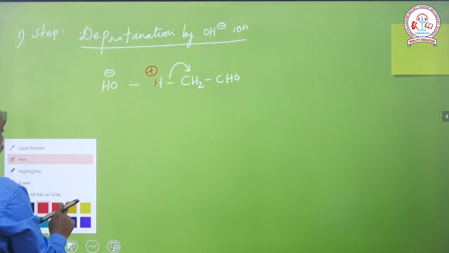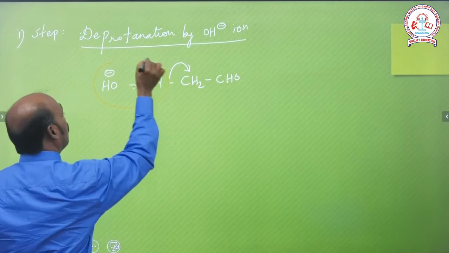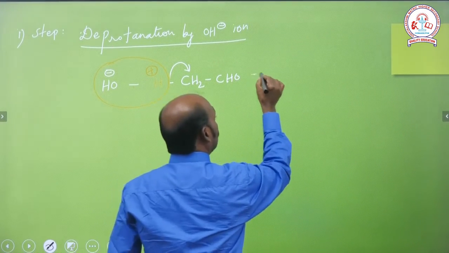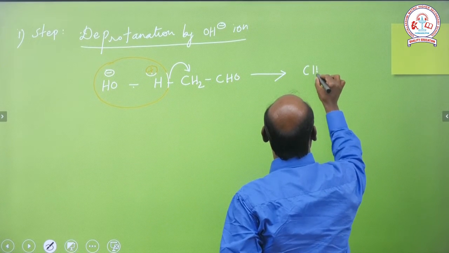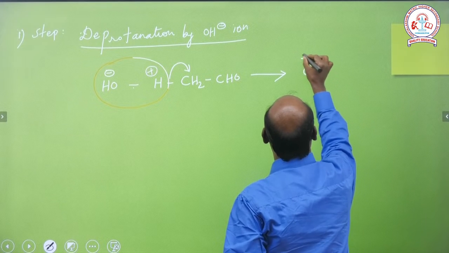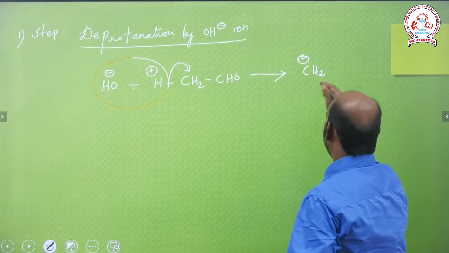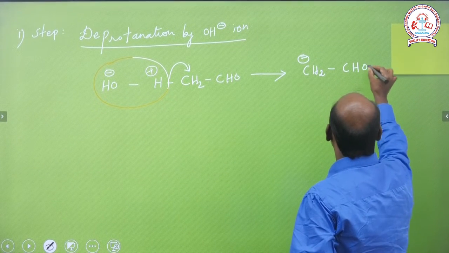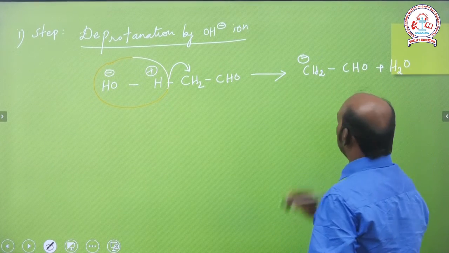Then this OH minus ion combines with the H plus ion to form a water molecule. What is the remaining product? CH2 minus CHO, because the electrons are shifted onto the carbon atom, plus H2O is formed.